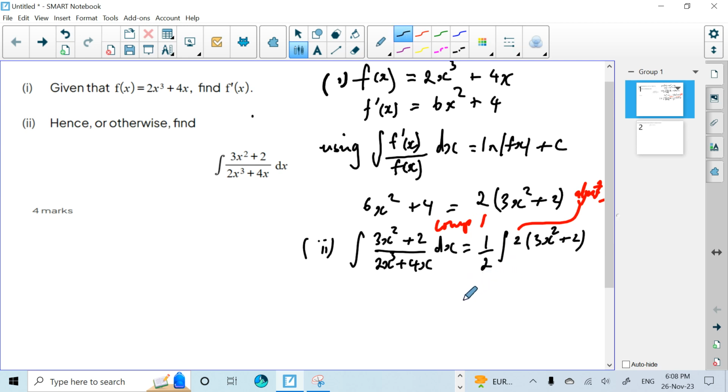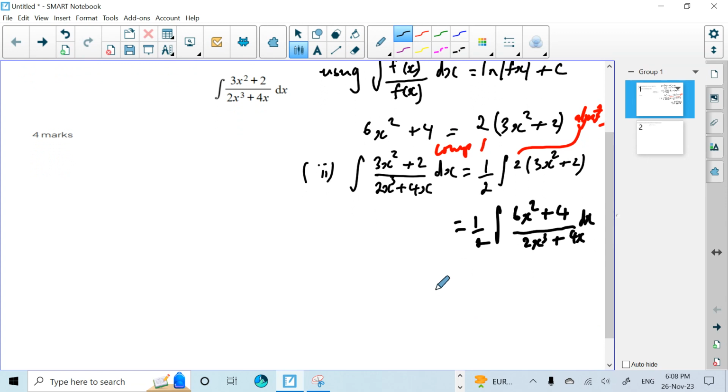So what do we have? We have equal to a half times the integral then of 6x squared plus 4 over 2x cubed plus 4x dx.